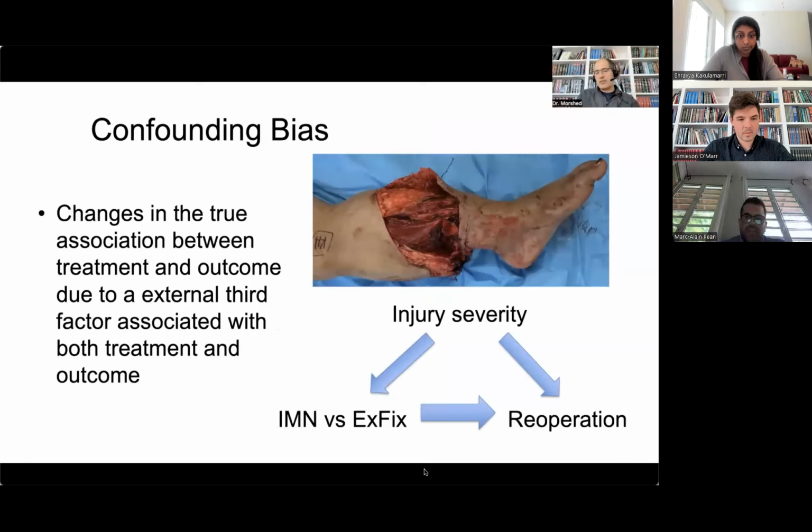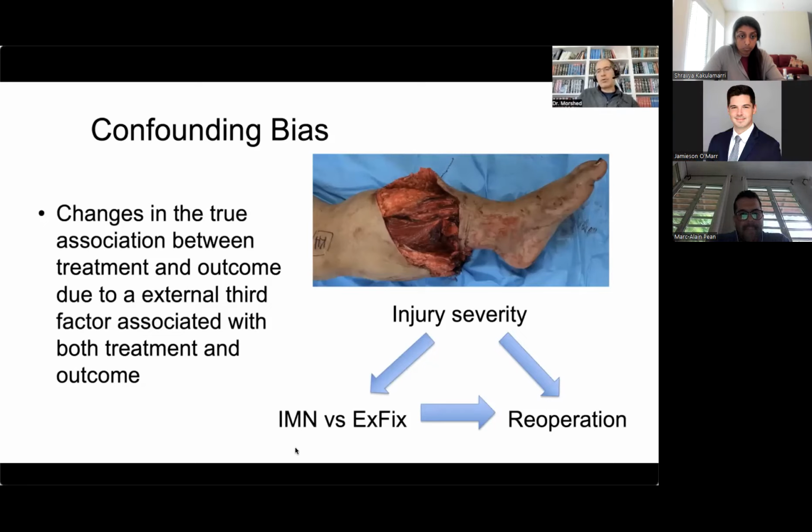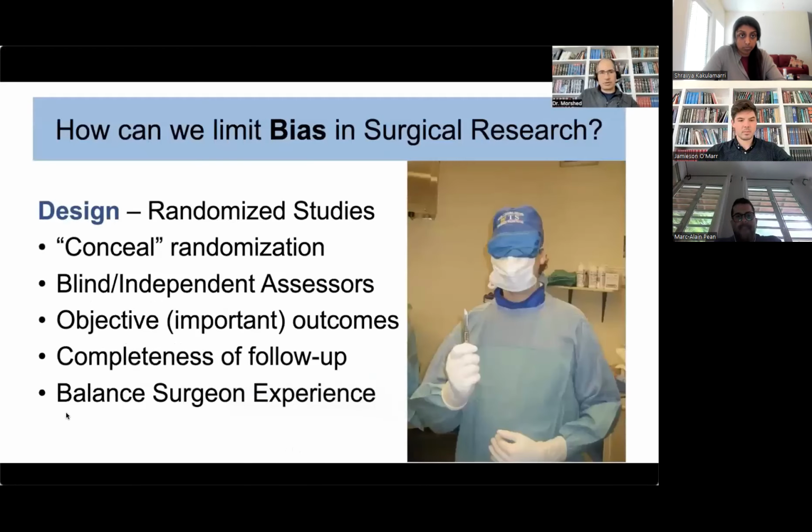The decision, for example, about whether you decide to fix an open tibia fracture with an IM nail or an external fixator is likely confounded by the severity of the injury, right? Injury severity both affects the decision on treatment, and it also has an independent effect on the likelihood of reoperation. And so controlling for confounding factors is critical to generating causal inferences from your research.